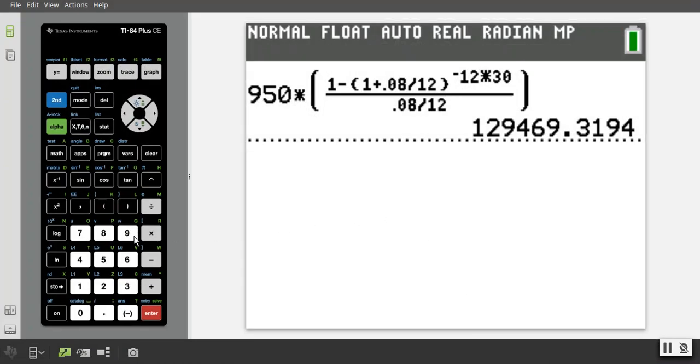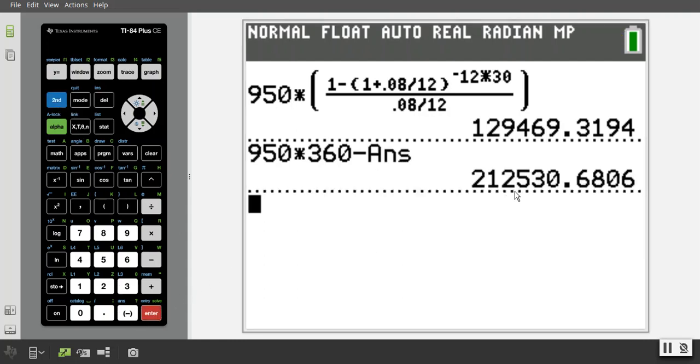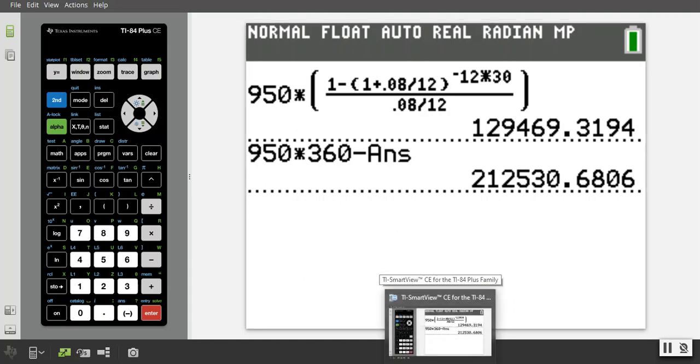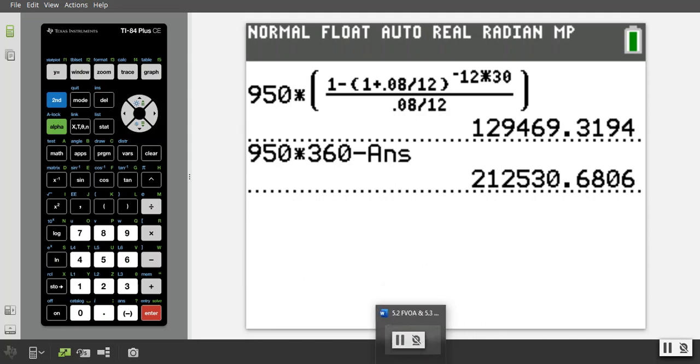Okay. Well, the interesting thing that you might notice when you do that computation, and we can use the previous answer. Yeah, that should be good. 212. Okay, so they paid 212,530 and 68 cents in interest.